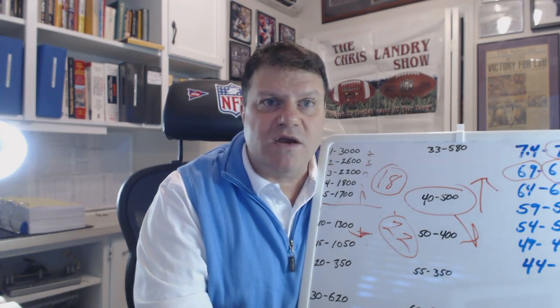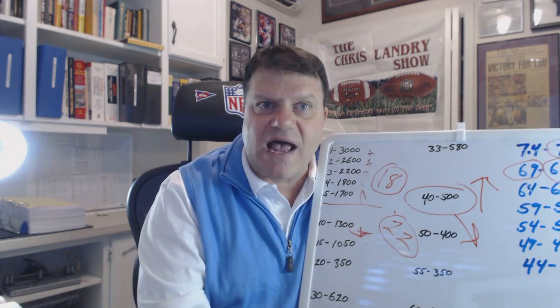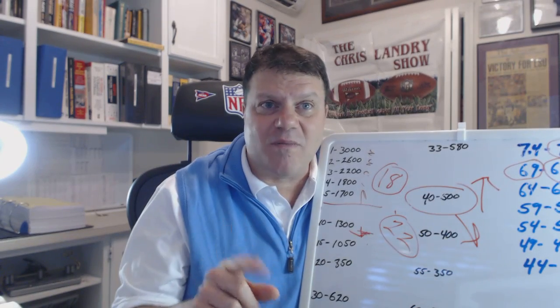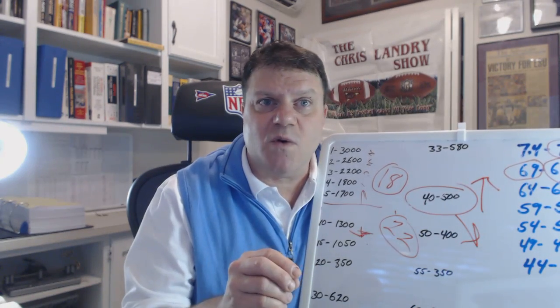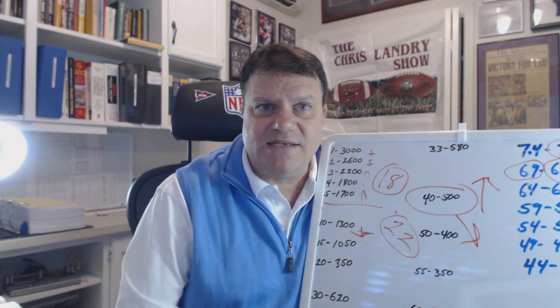They may not be willing to move up and go get a player because they don't think as highly of a player. But if they've got a player that can be a transcendent player, particularly a quarterback that can be a difference maker, a franchise quarterback, they're going to go up and get them, even if it's a little more than the draft chart might say.